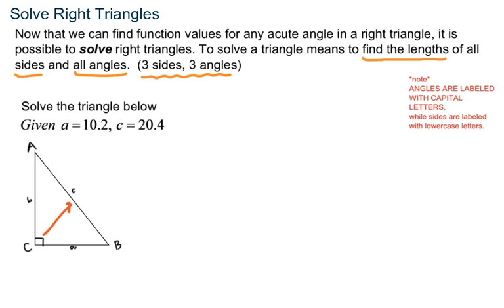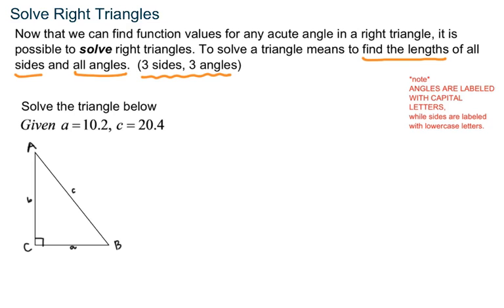So I have little c opposite capital C, little a opposite A, and little b opposite B. We need to use this kind of organization because it helps us when we're drawing pictures and figuring out how to solve these triangles.